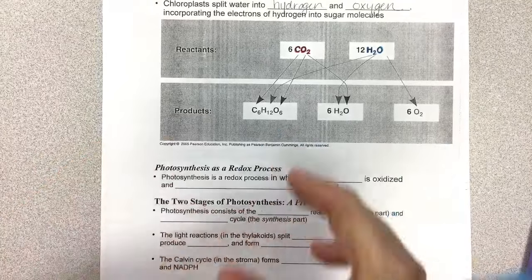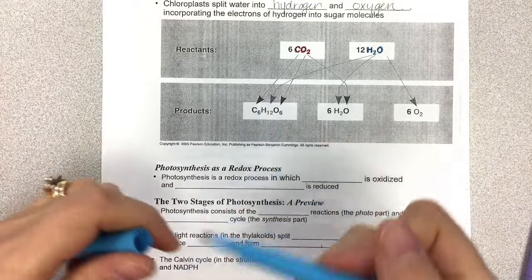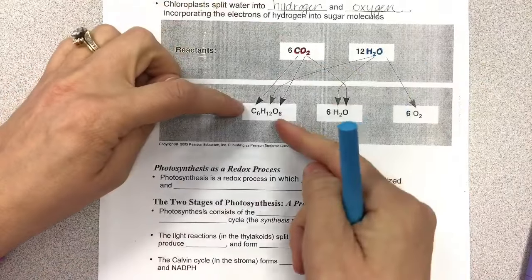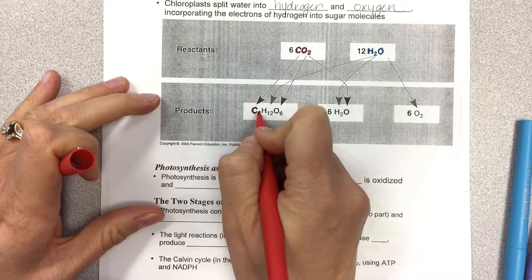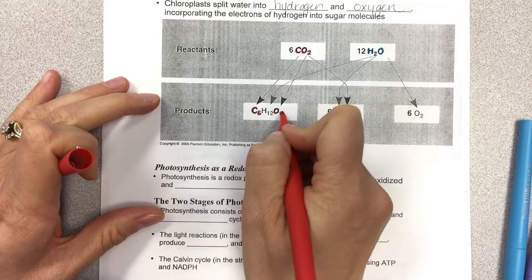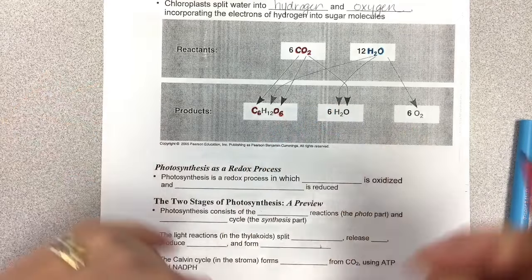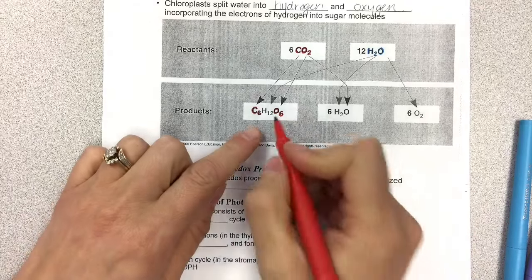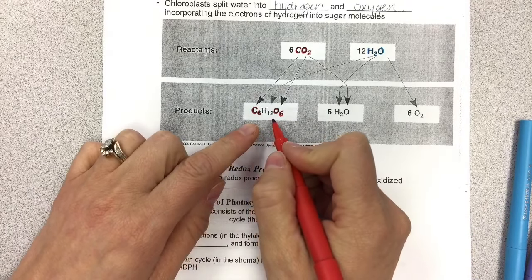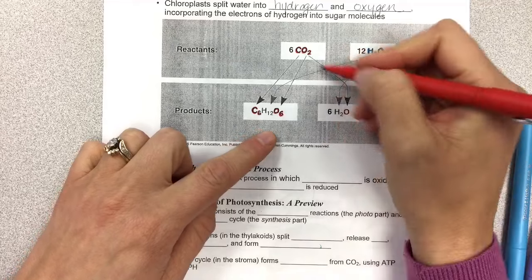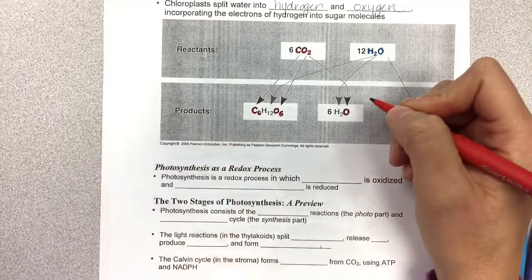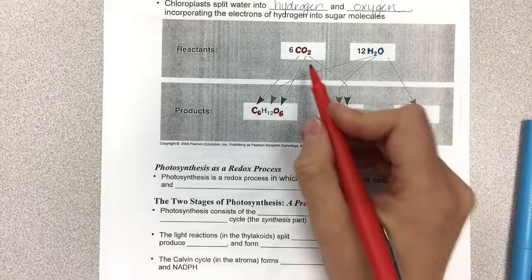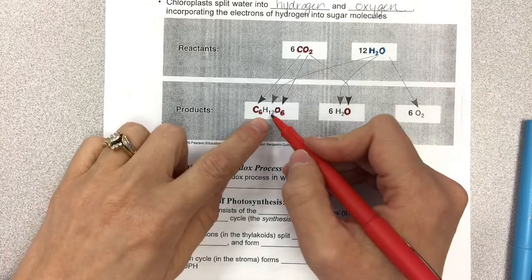So here are your products. These arrows are showing you that the carbons and oxygens that were once part of carbon dioxide are now going to become the carbons and oxygens in glucose. And the rest of the oxygen is going to become the oxygen in water. Where does the H come from?